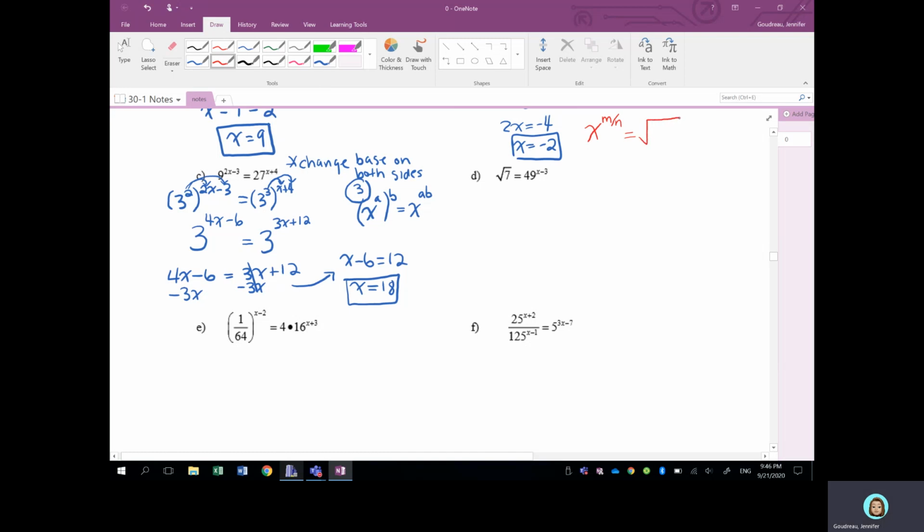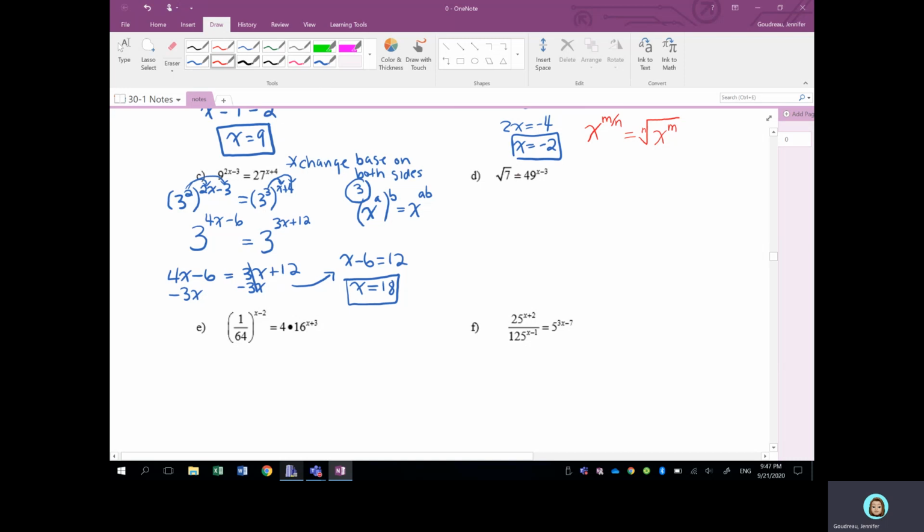So we write the radical sign. The denominator of the exponent becomes our index. Our base is our radicand. And the numerator of our exponent becomes our power. So we have to remember that a rational or fraction exponent means we have a radical.